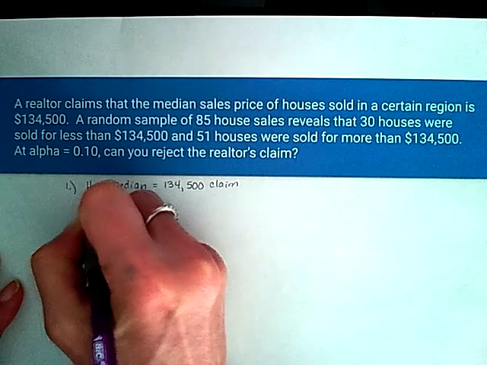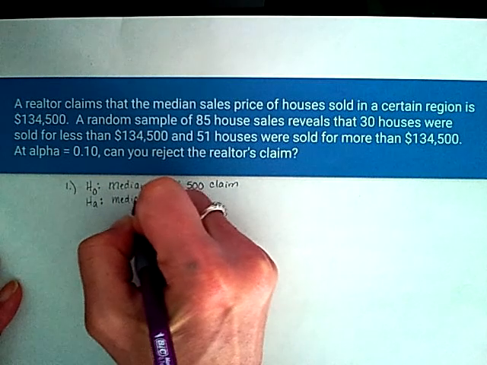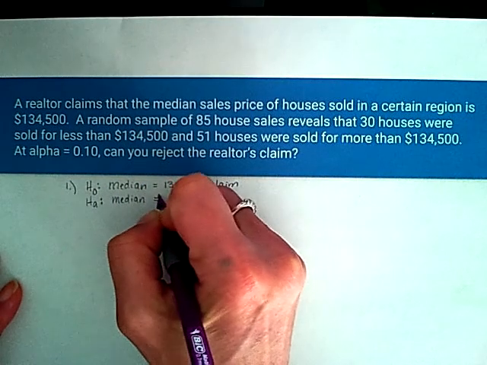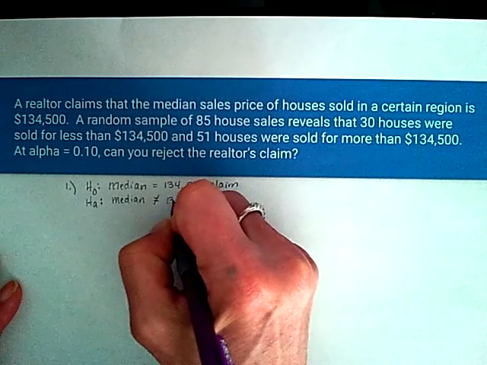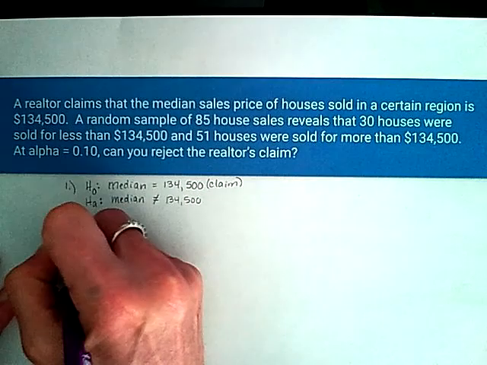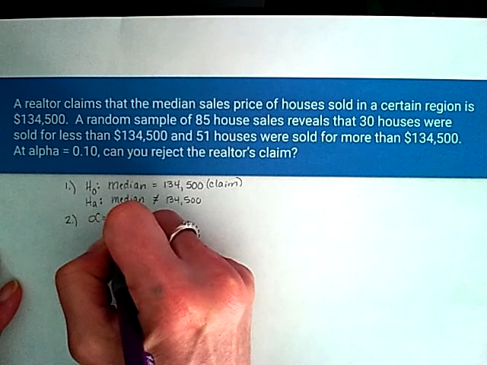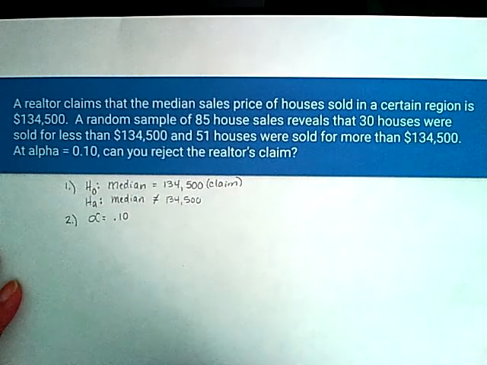Our alternative hypothesis, as always, is going to say the exact opposite, that our median does not equal 134,500.